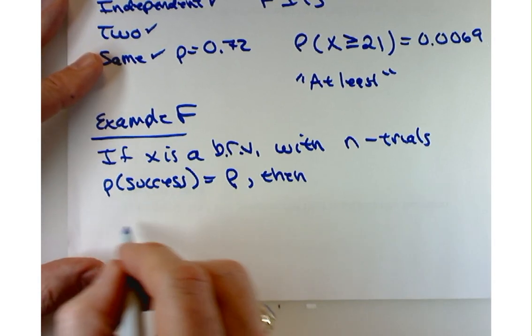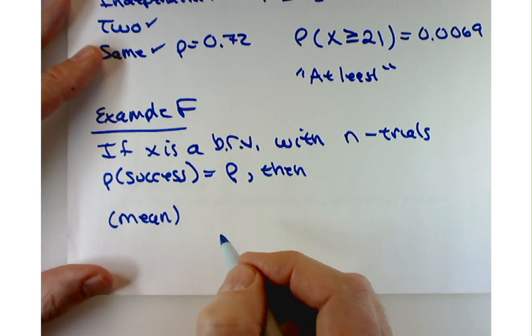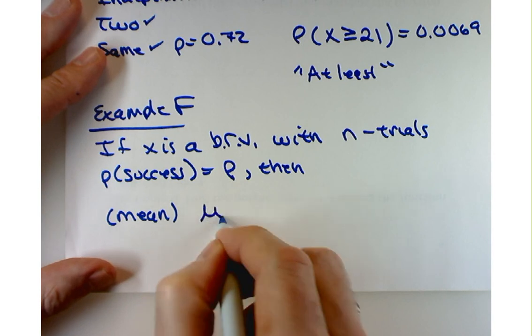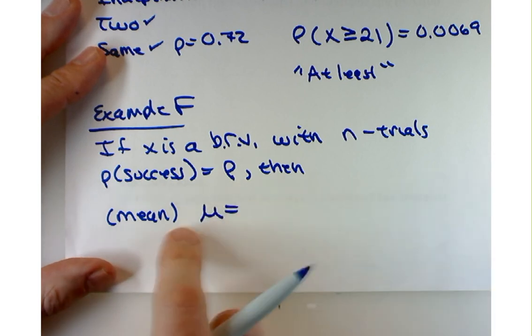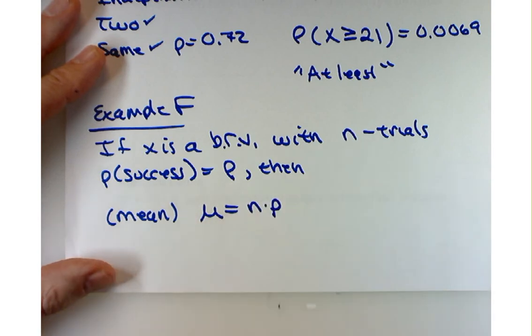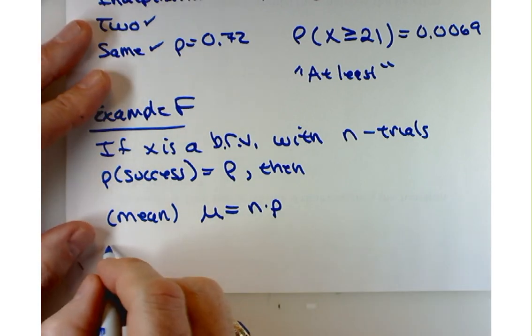First of all, the mean, what's our symbol for the mean? Does anyone remember? Mu. Perfect. Mu, it's a Greek letter. The mean is simply n times p, which is what you calculated a while ago. The standard deviation, well, let me do it this way.